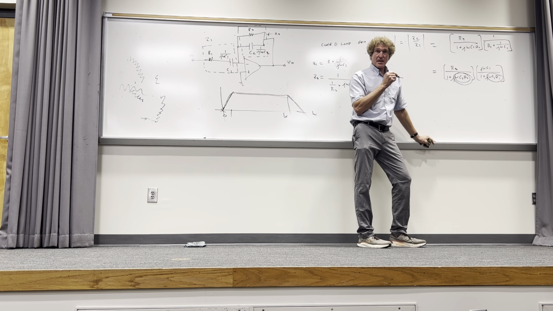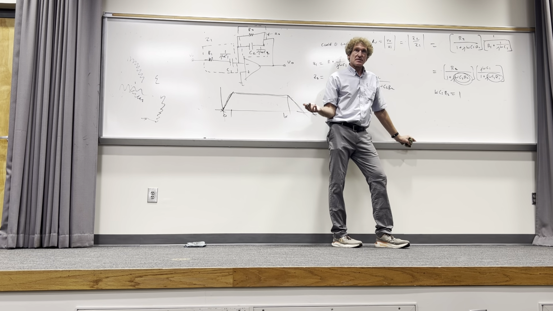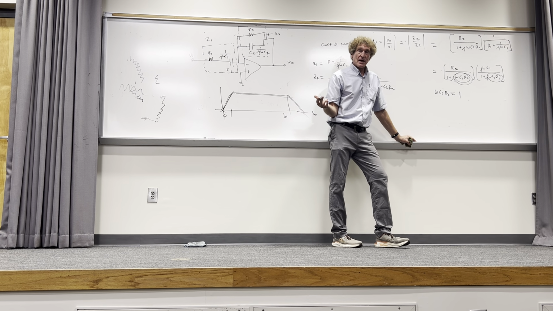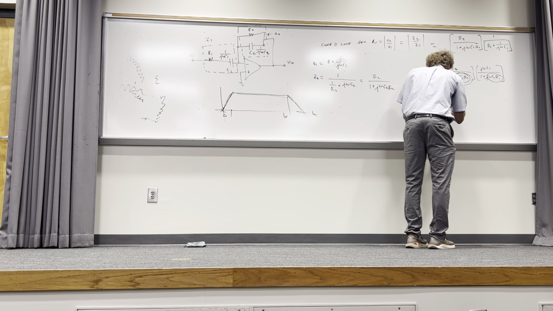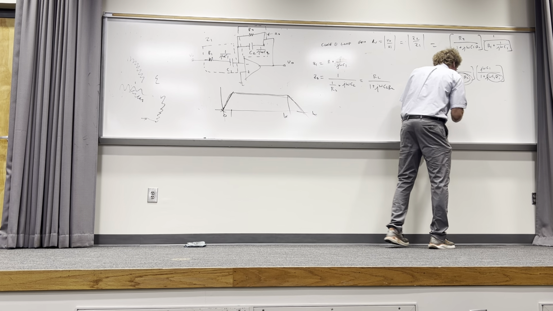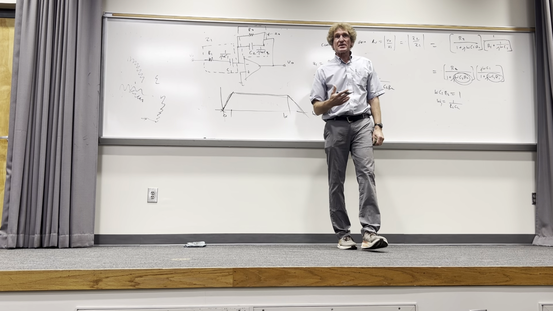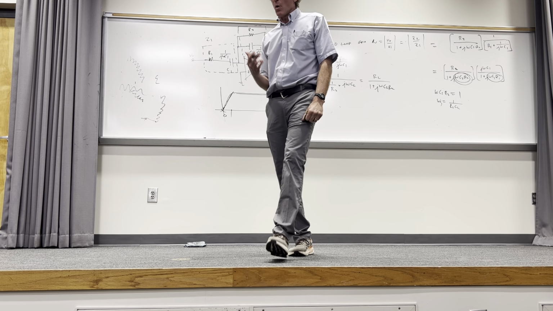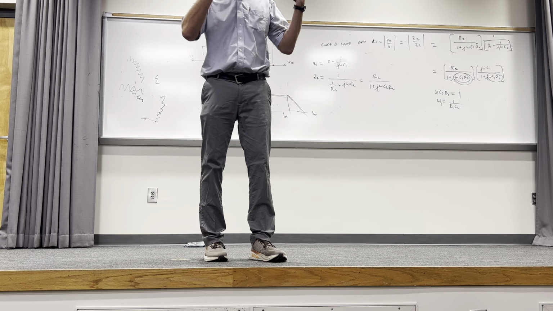So I put omega C2 R2 equal to 1. Now I rearrange things and I see omega is equal to 1 over R2 C2, and I'll just call this omega 1. That is the frequency where that would become 1, and that pole would all of a sudden become dominant and start affecting things. With me, class?